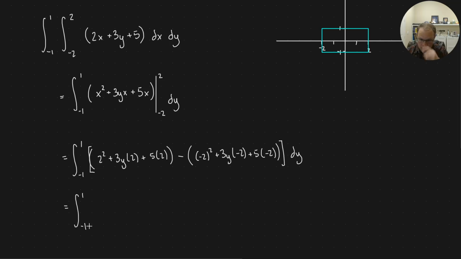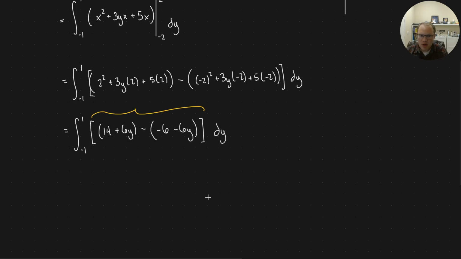Okay? So if I evaluate that, what am I getting? 4 plus 10 is 14, plus 6y, minus 4 minus 10 is -6, minus 6y.